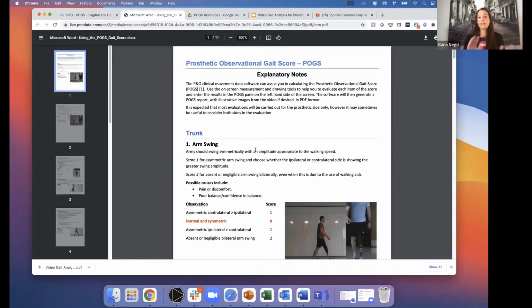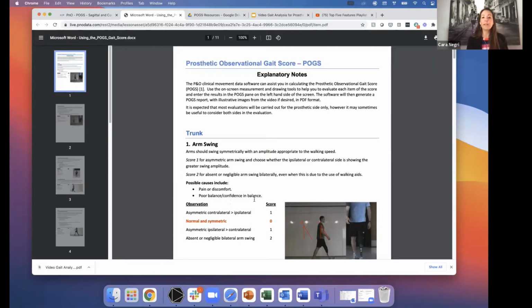There are certain measures that you're actually going to measure, let's say a thigh angle or a knee flexion angle. If they're outside of one standard deviation, then you're going to score a 1. And if they're outside of 2 standard deviations from what would be considered normal, then it would be a score of 2.